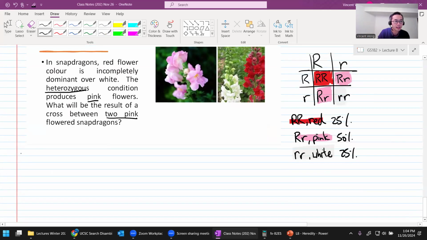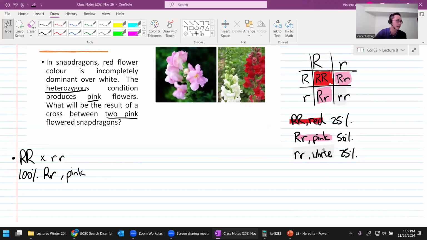Well, interestingly, yeah, that's right, Michael. If you take a pure red and you cross it with a pure white, that will create 100% big R, small r, or pink. Okay. And that's how incomplete dominance works.